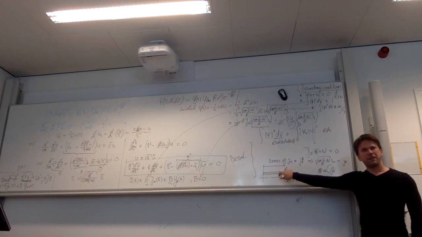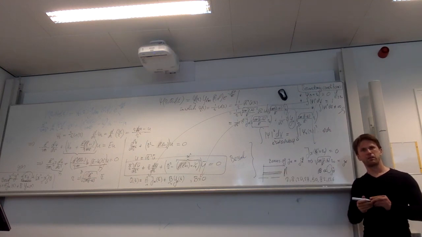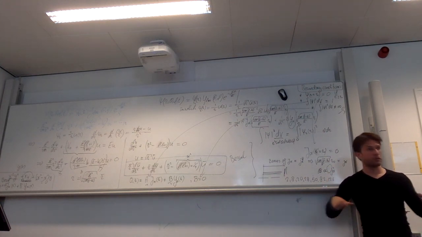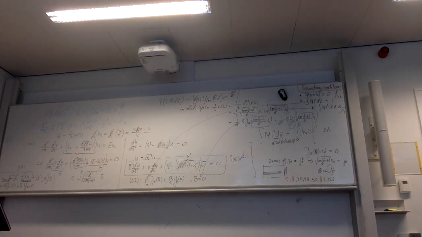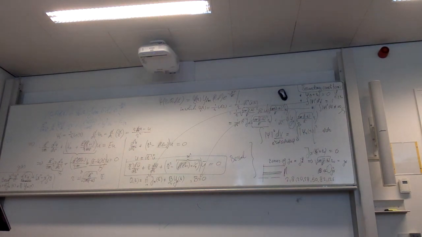Now, how many can you fit in each? It's an energy. It's a quantum state. You can put nucleons in. If you are a fermion, how many of the same fermion can you put into one quantum state? 2. If you're a spin 1/2 particle, and nucleons, proton or neutron, are, spin up, spin down.